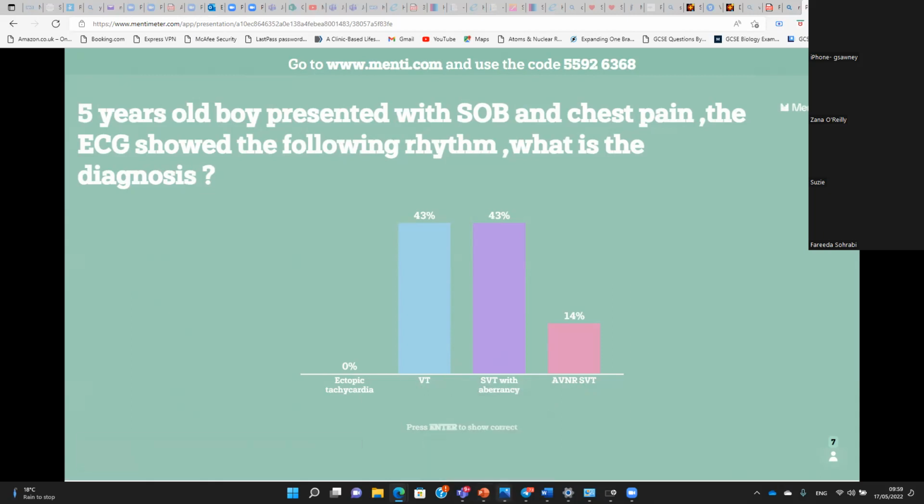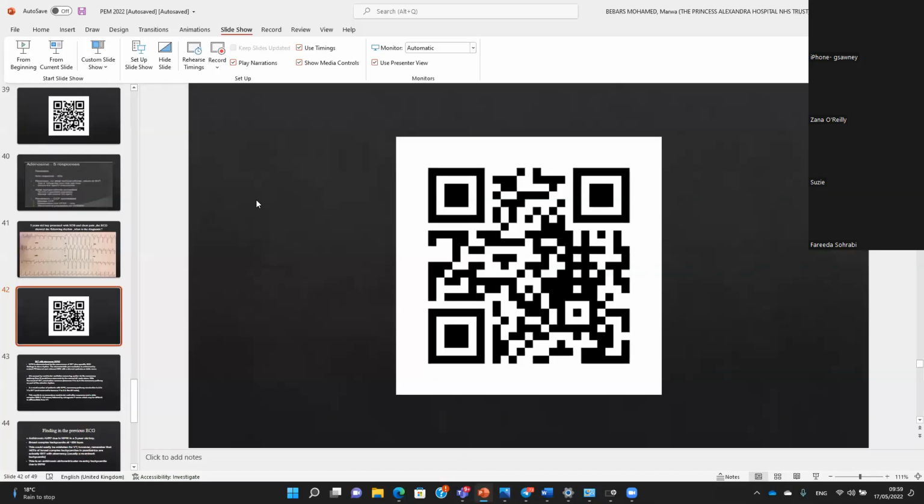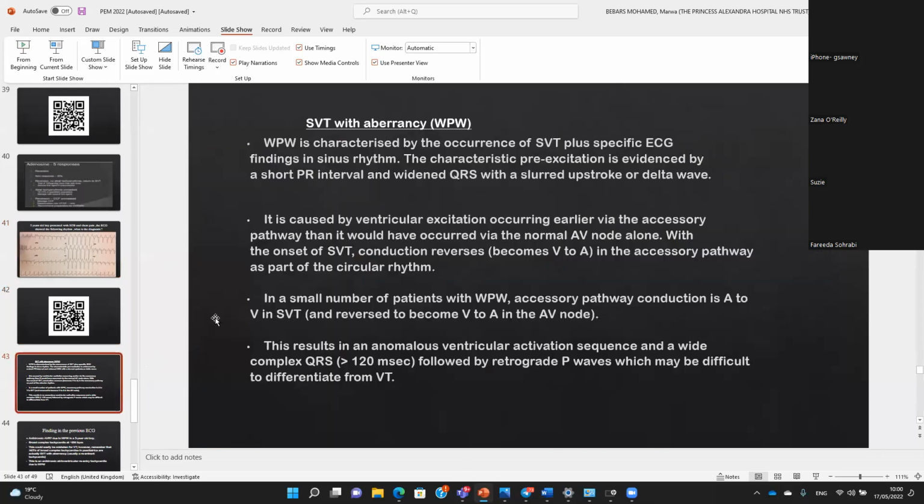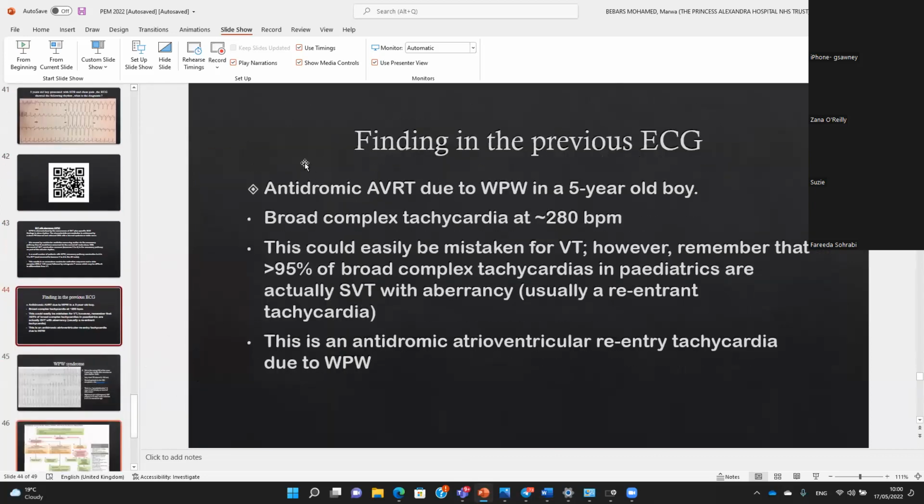However, it's really confusing, and I can understand that with a wide complex QRS you think it's a VT. If you take a look at the ECG findings, you will see the broad complex tachycardia, and it can easily be mistaken for VT.